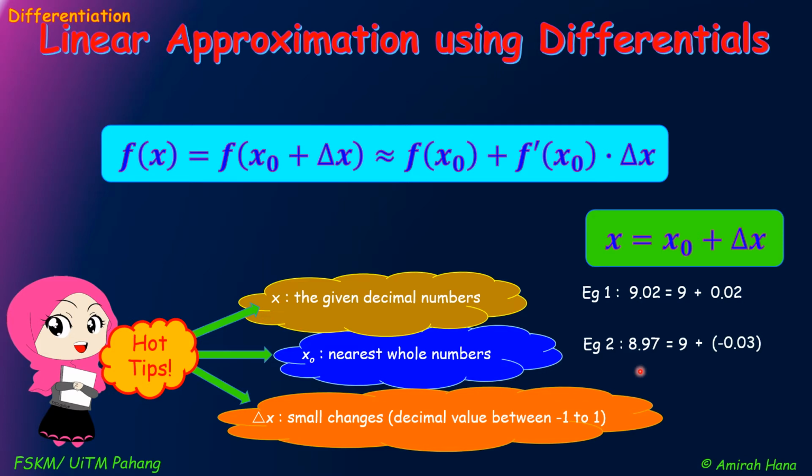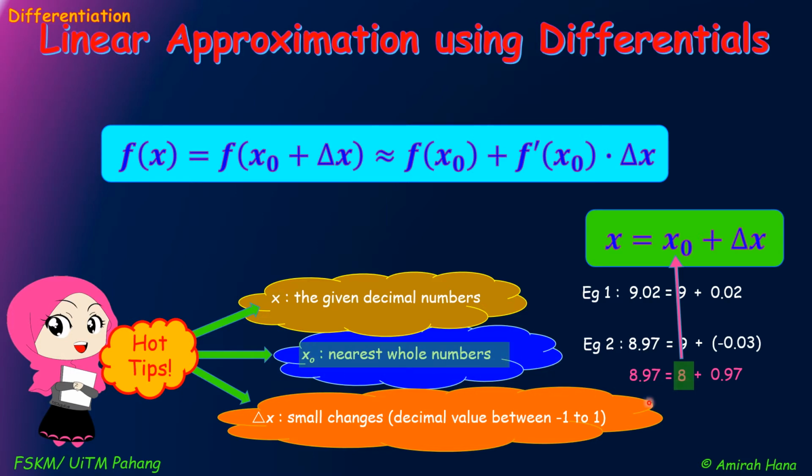How about if we write the same value, 8.97, as 8 plus 0.97? 8 plus 0.97 equals 8.97. Here 8 would be x naught. Recall that x naught means the nearest whole number.